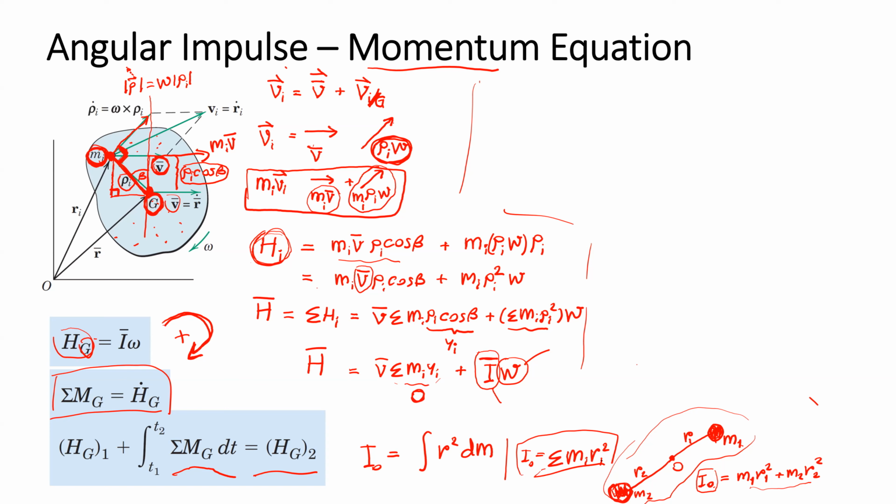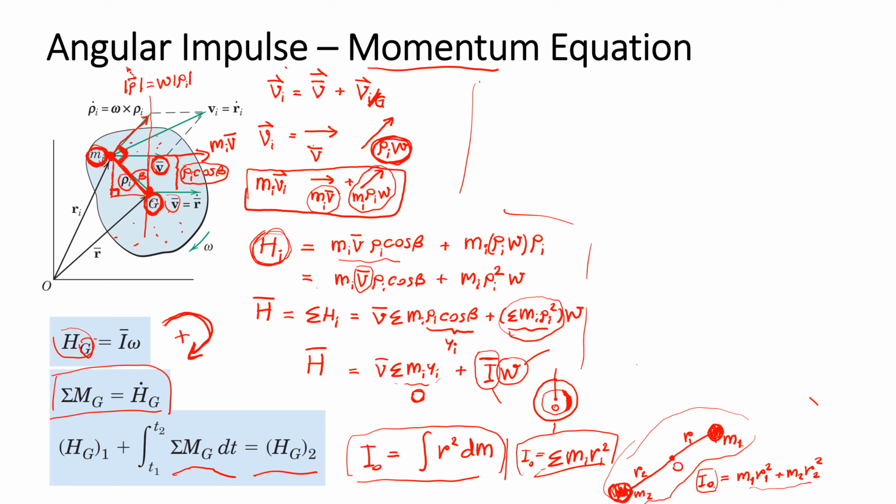But in many cases, we have continuous mass. For example, if you want to obtain the moment of inertia of this rotating disc, you may need to perform the integration to obtain the moment of inertia about point O. So to answer your question, why is this one equal to I bar?